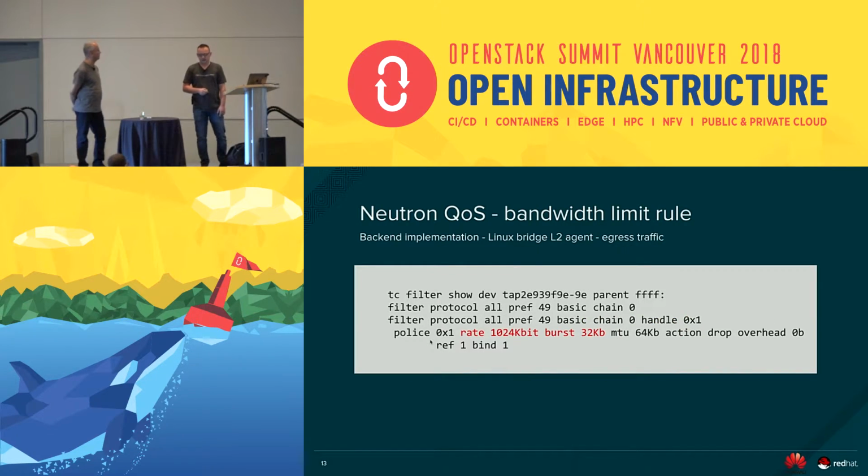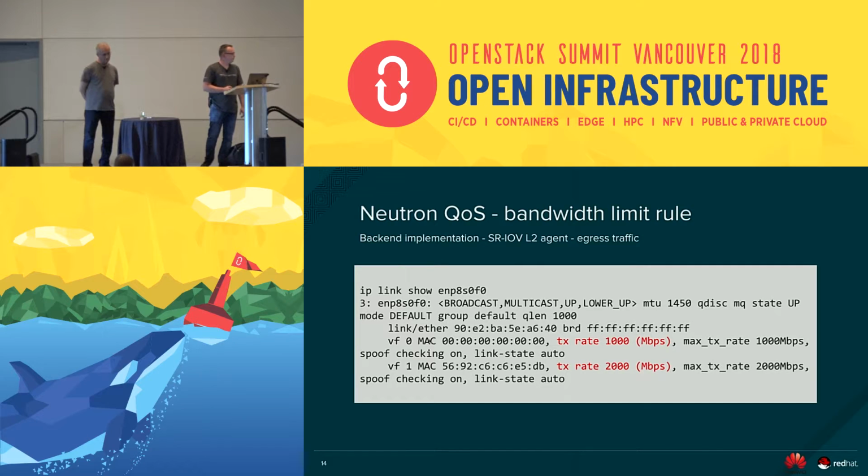For egress traffic, the Linux Bridge agent is also using TC directly. In fact, it's setting ingress policing on the ingress qdisc for a tap device on the host, and it's exactly the same thing which is done by Open vSwitch if you set ingress policing, like was shown a few slides ago.